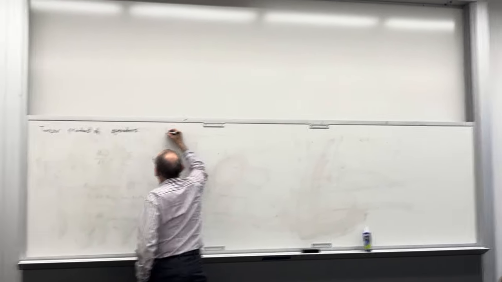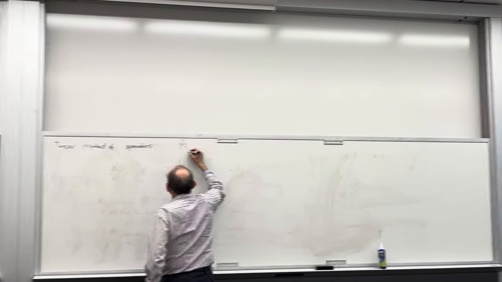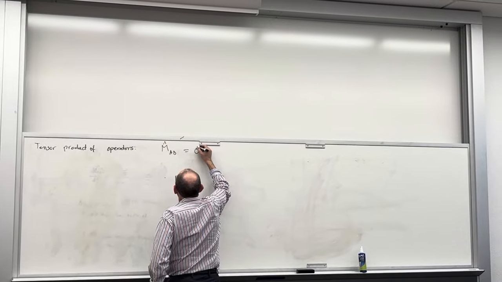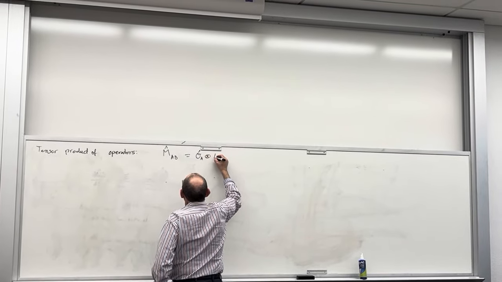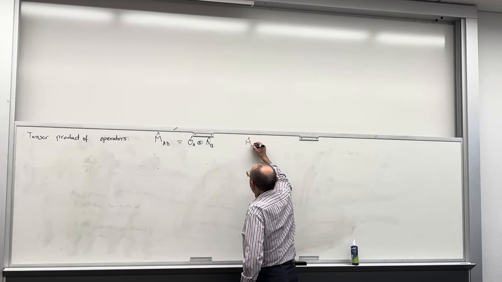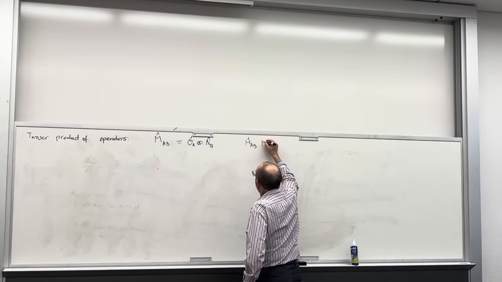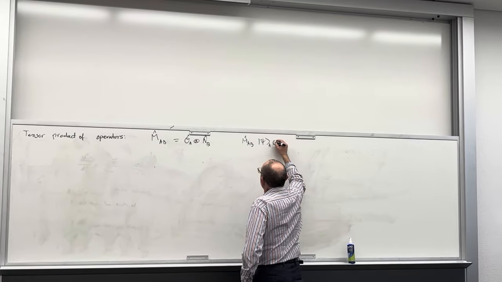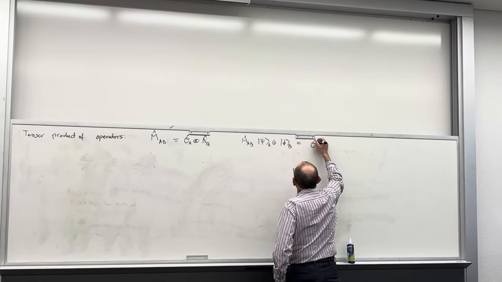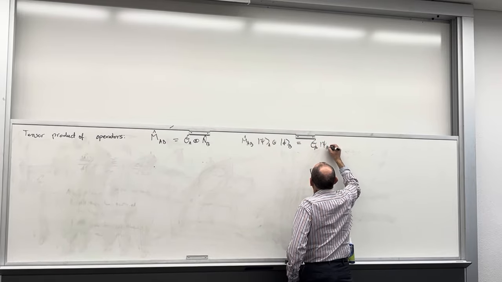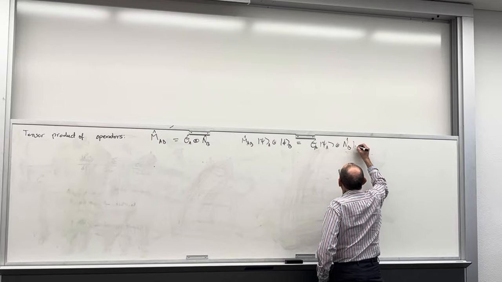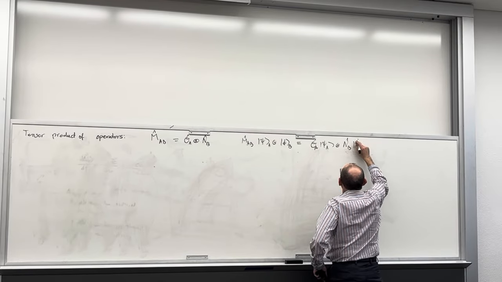So I can define an operator or matrix M_AB as, say, O on A and N on B. That tensor product is such that if this acts on a tensor product of vectors, it's the action of this on the first state and this on the second state.